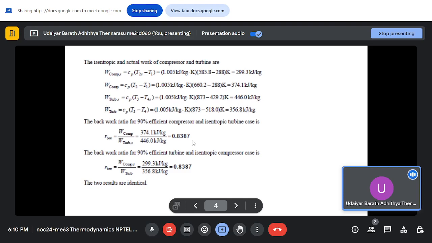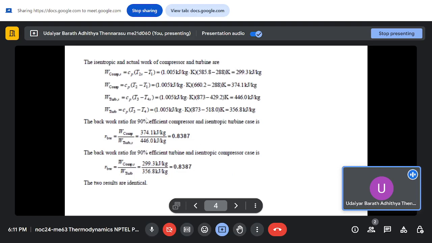Now the back work ratio is how much work you are consuming divided by how much work you are generating, or to say, the fraction of work which you are taking out of your power generated. In this case, your turbine is coupled with your compressor, and the turbine runs your compressor.